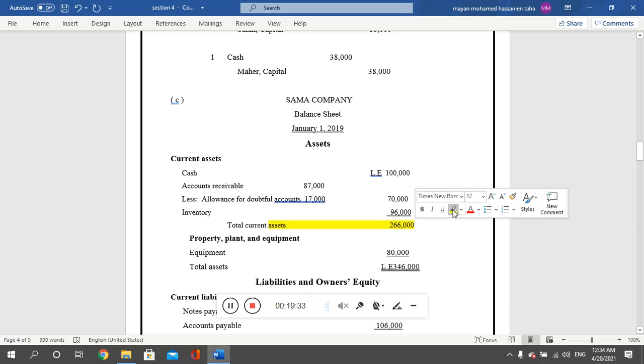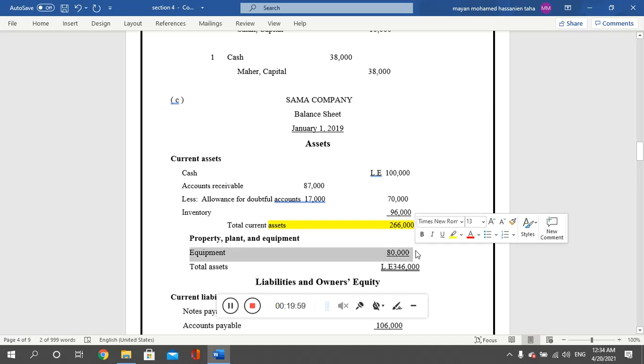Let's move to the fixed assets, or the property, plant, and equipment. We have in our example equipment for Salah, after valuation $50,000, and for Maher after valuation $30,000. 50,000 plus 30,000 is $80,000 equipment for both partners.